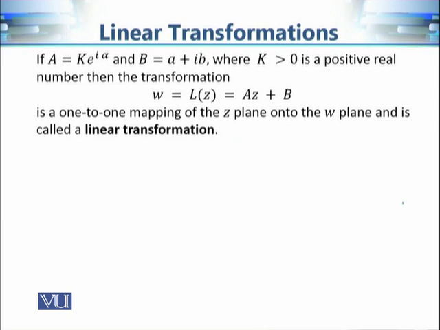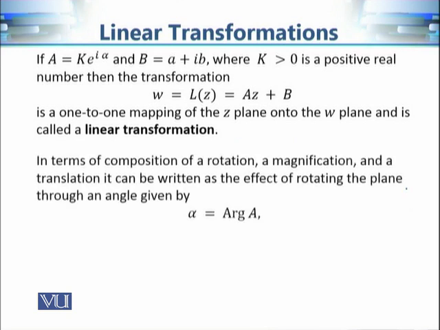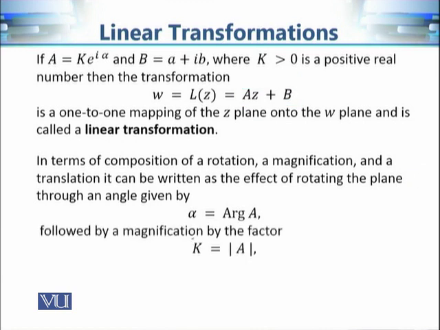So we can say that if this is the linear transformation, then it rotates the point through this angle, which is the argument of this complex number a, and it magnifies this complex number z by the factor K. Of course, if K is greater than 1, it will be scaled up, and if K is less than 1, it will be scaled down, but K is always a positive real number.